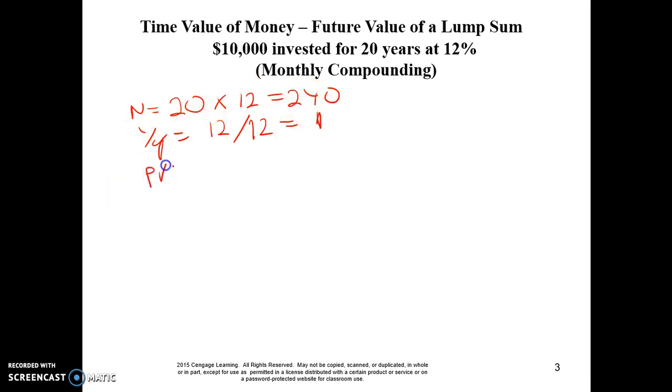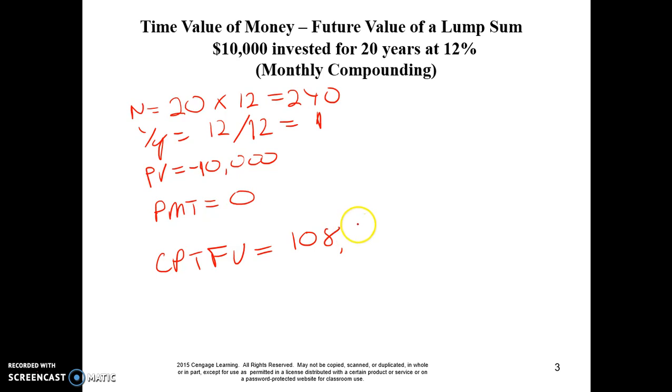So PV is still minus 10,000. Payment is 0. And then future value, we're computing that. So we hit compute, future value, and we end up with $108,925.54.